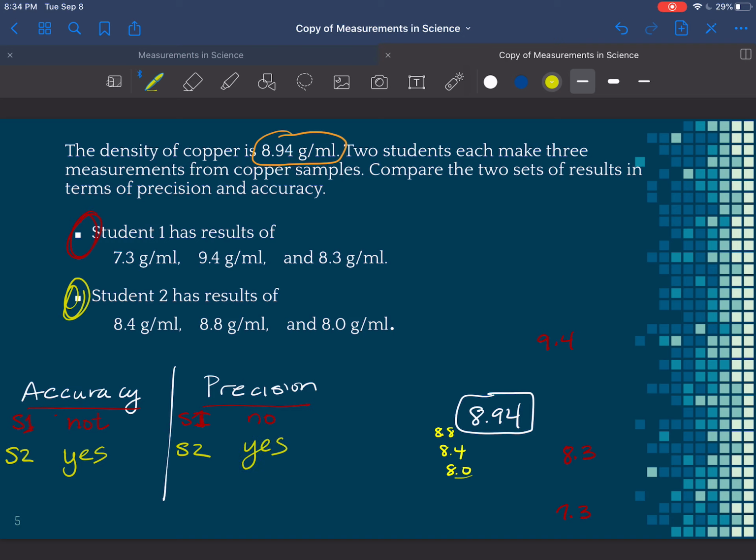I'd say they're also pretty precise. So this again drives home the point that you can be precise and not accurate. You can be accurate, and if you're accurate, you're probably also precise. Use this as many times, as often as you need to complete the short Google form on accuracy and precision.